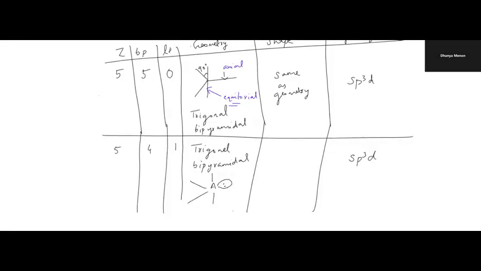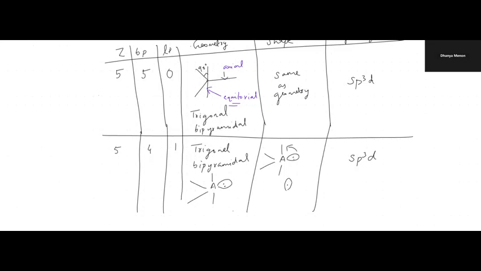Moving on to the shape. Shape depends upon only the bond pairs. So here there are 4 bond pairs. So I'm drawing the 4 bond pairs. So this is the lone pair. I'll just draw now. So this is the geometry. So what I do is I rotate it and place the lone pair like this.